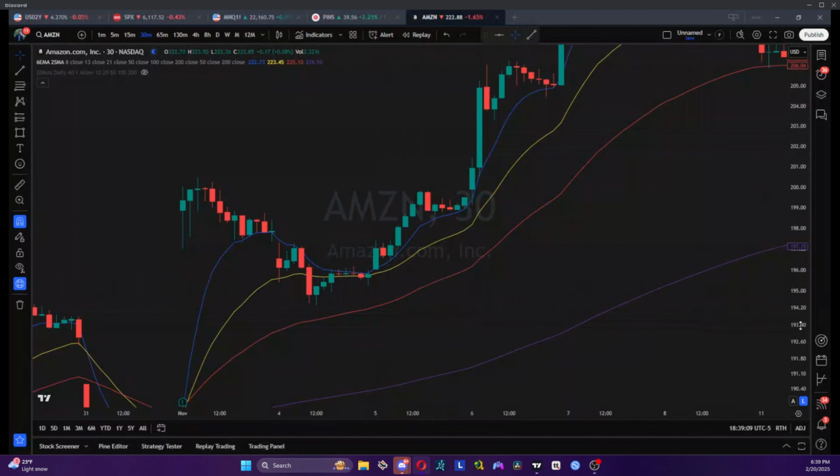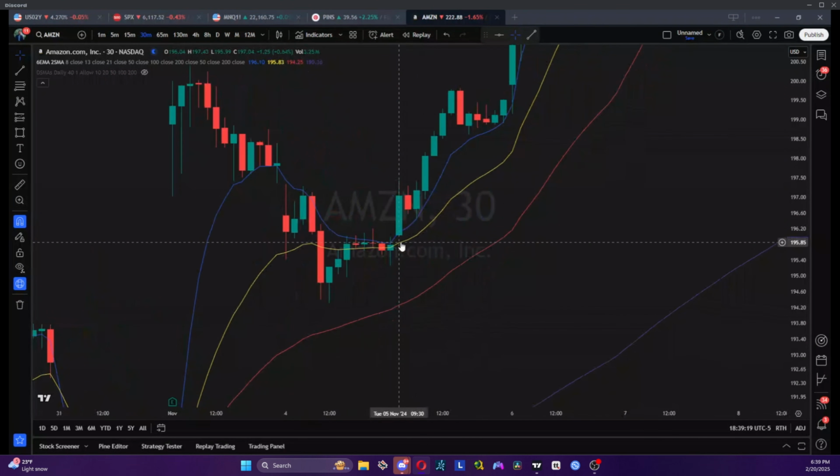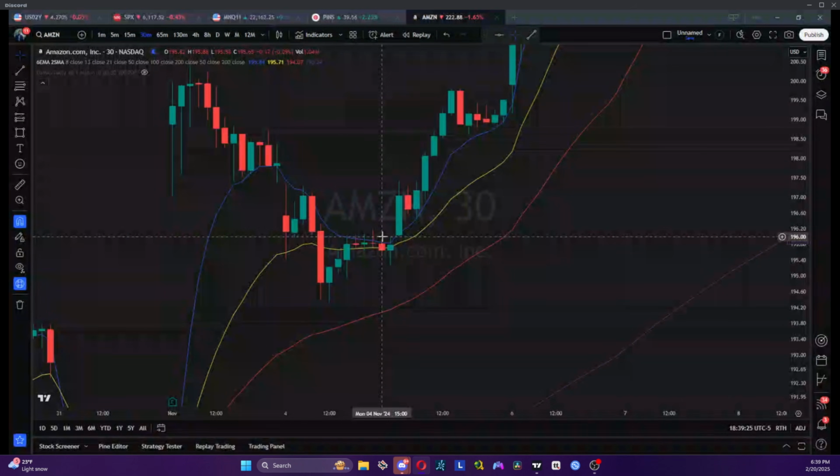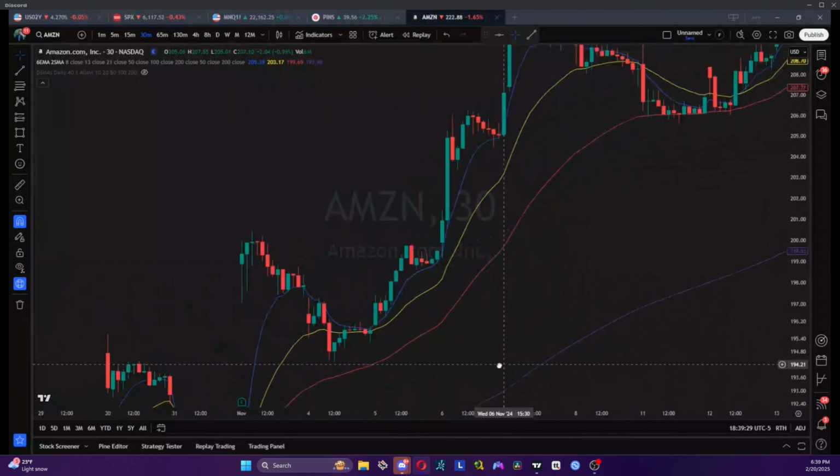When you see EMAs do this and they fail to break down, you bet your ass that you're going to have an explosion to the upside. Because what happens is price is telling you that they're refusing to break below. And then guess what? You have this major move.